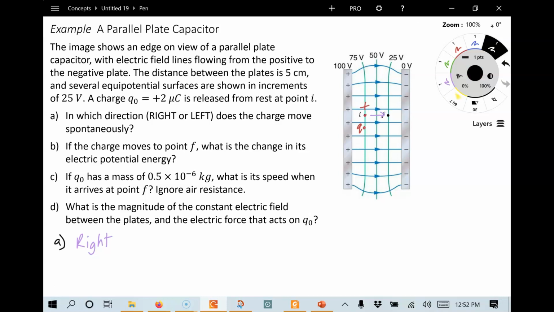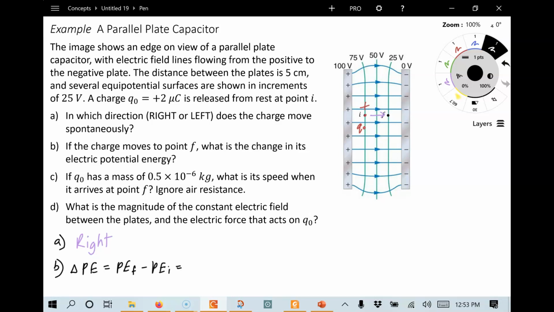Let's look at part B. If the charge moves to point F, what is the change in its electric potential energy, right? So delta PE. Remember that we can write that as PE final minus PE initial.